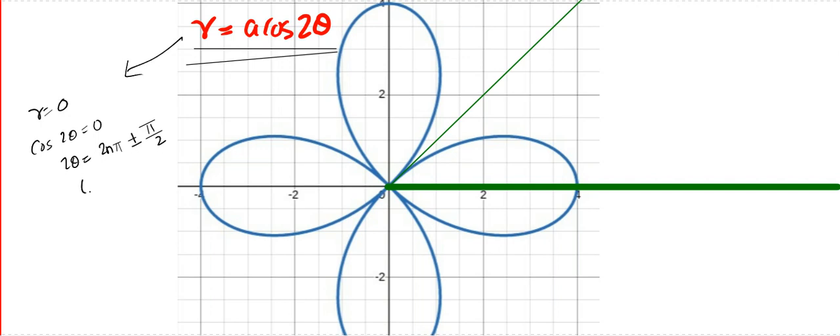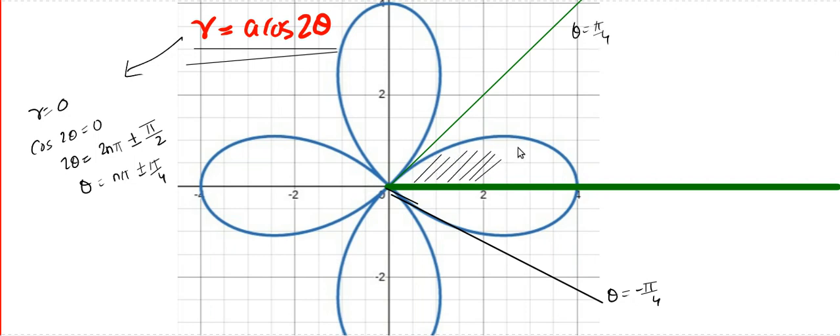And that actually gives me theta equal to n pi plus or minus pi by 4. And if you plug in 0, I can see that it's between theta equal to minus pi by 4 and theta equal to pi by 4. Anyway, I'm going to find this much area, half the loop.